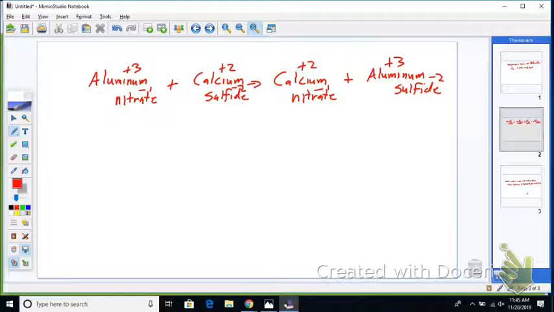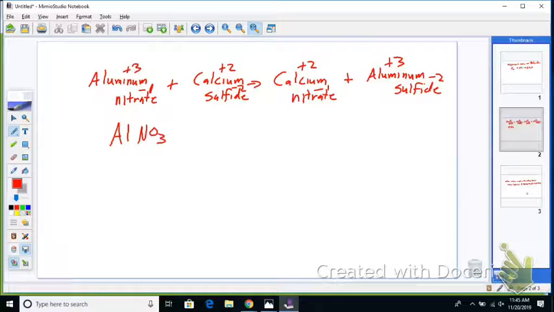Okay. So there's nothing by itself. Everything has a charge. Now I just have to go through and balance it out. So I'm going to put Al and NO3 side by side. And I know that nitrate's a -1 and aluminum's a +3. So what do I have to do?